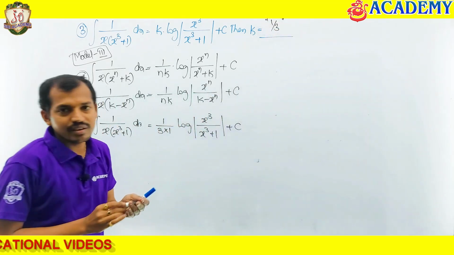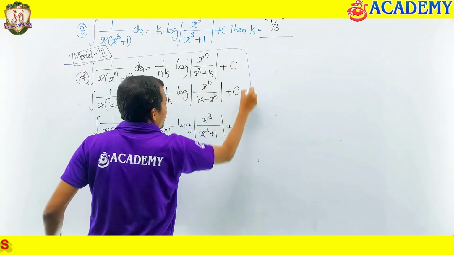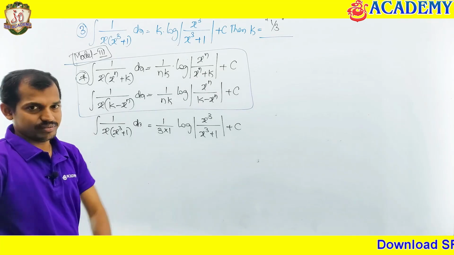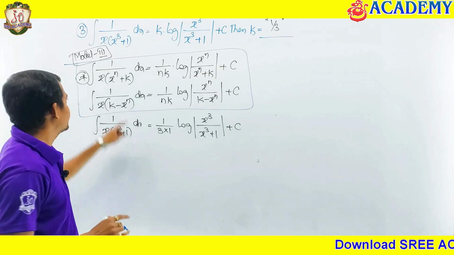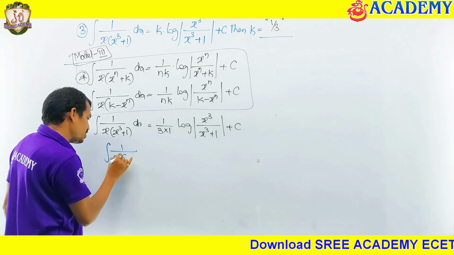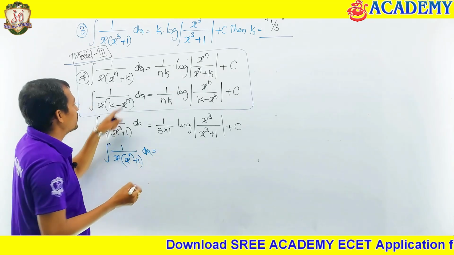See, I am modifying here, I am writing these formulas, taking k value as 1 or minus 1, right? Integral 1 divided by x into x power n plus 1. In place of k I am writing 1.